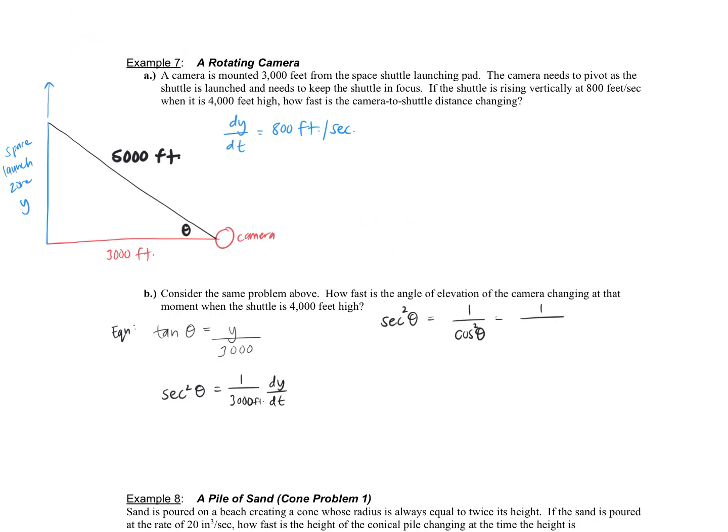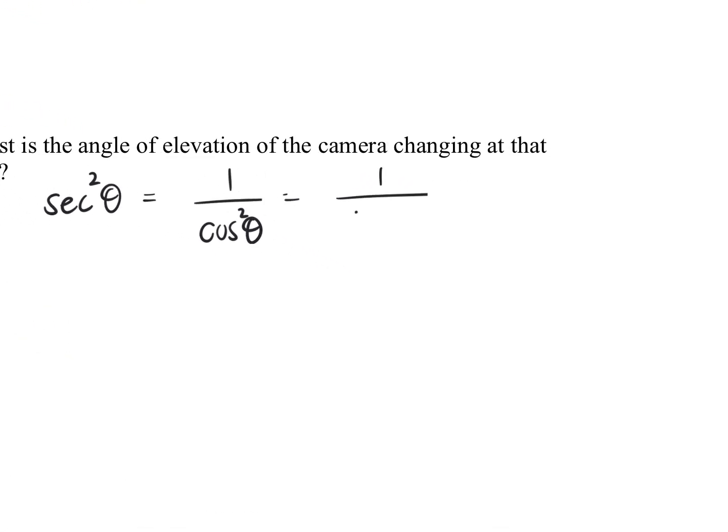So I'd have 1 over, wait, sorry, adjacent first. So 3,000 over 5,000, and these are both squared. And then I can simplify that by multiplying by the reciprocal.